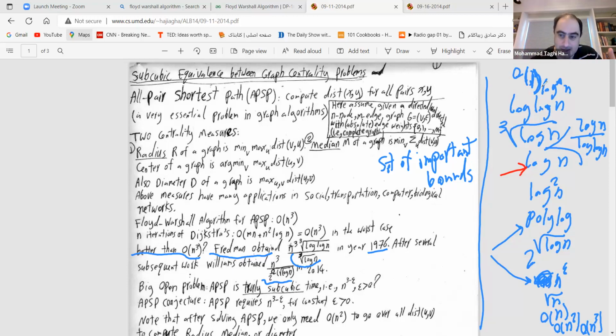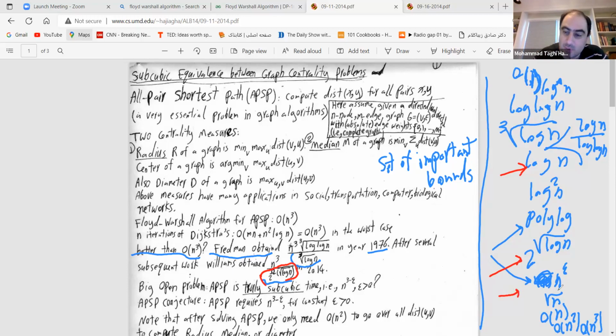If somebody obtains any bound for a problem, the question is whether we can do a little bit better than that, or there is a lower one. In this case, this bound is especially important, as I mentioned. The bound of Williams is 2 to the square root of log n. The question is whether you can improve it a little bit to n to the epsilon.